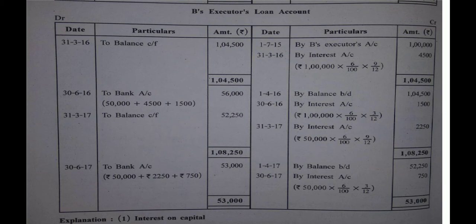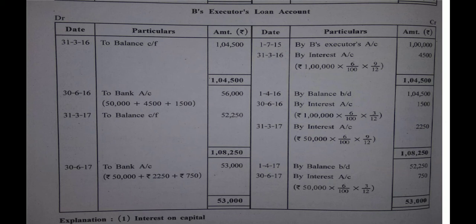Now the rule of preparing ledger accounts is that you need to balance a ledger account at the end of the year. So the loan has started on 1/7/15, 1 lakh. Your accounting year, where does it end? 31st 3/16. So 1/7/15 से 31st 3/16 तक कितने महीने होते हैं? 9 months. And your adjustment says that you have to pay at the end of 12 months, at the completion of a year.